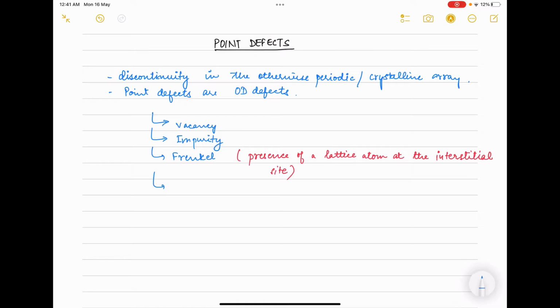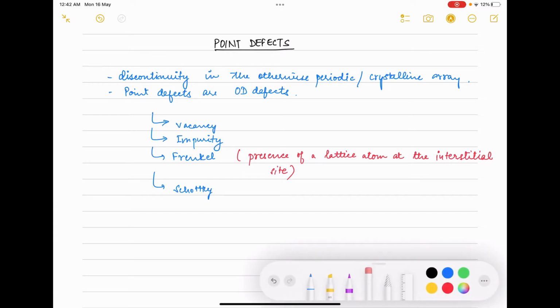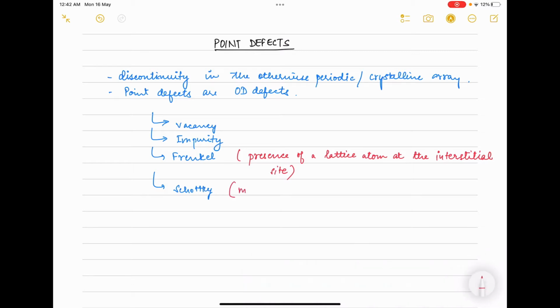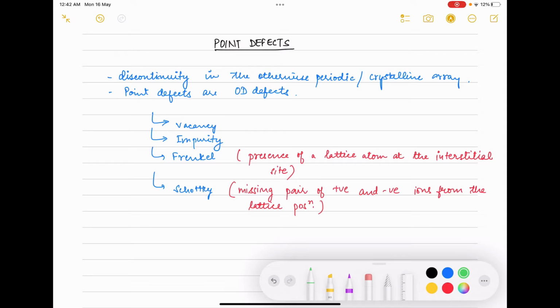Next is Schottky defect. This is basically the missing pair of positive and negative ions from the lattice positions. So why are both positive and negative ions missing?